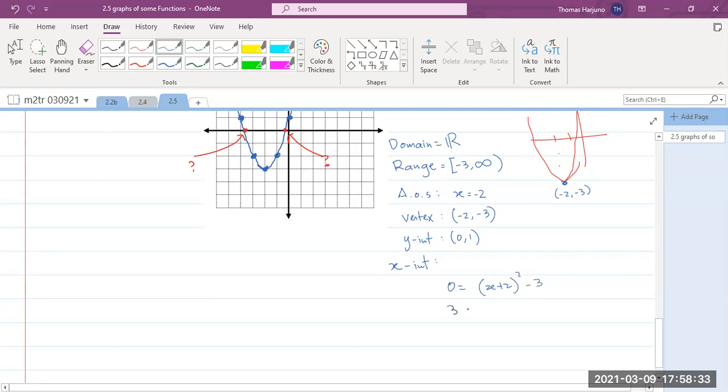Then we solve for x. Okay, so the x-intercepts are -2 minus radical 3 comma 0, -2 plus radical 3 comma 0. Those are the x-intercepts.